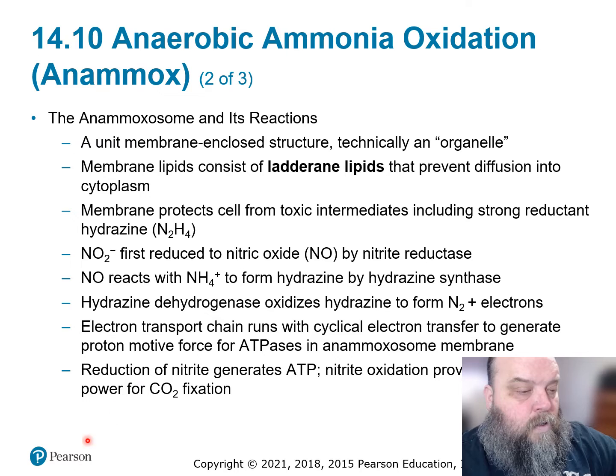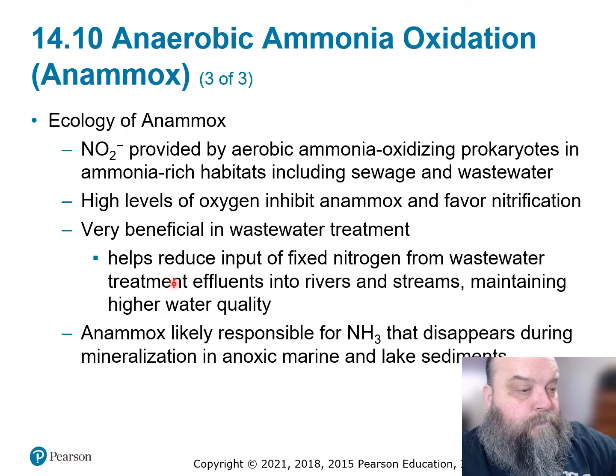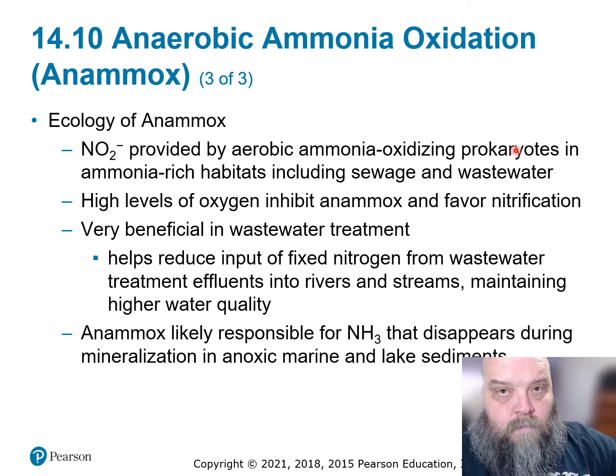And then here are those reactions that I just discussed on the previous slide. The nitrite that Brocadia is going to be using is actually provided by other microbes, aerobic ammonia-oxidizing prokaryotes.